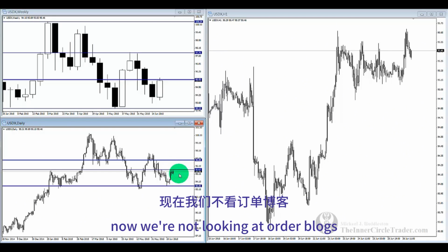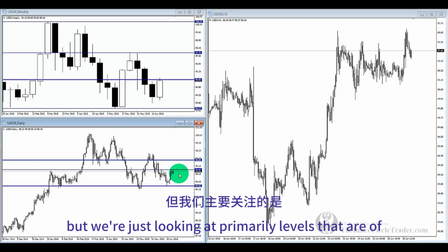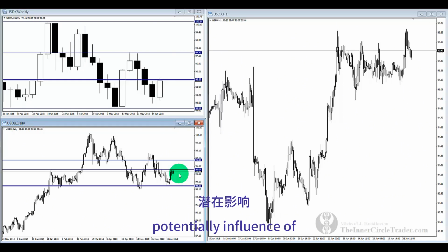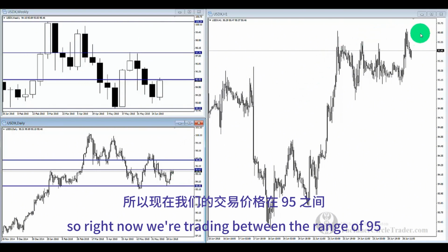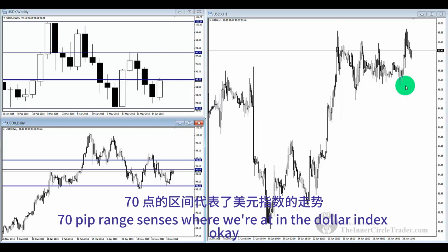We're not looking at order blocks, we're not doing anything of that capacity yet, but we're looking primarily at levels that are of potential influence on current price action. So right now we're trading in between the range of 95.65 and the 95 big figure, so we've got basically a 65-70 pip range in the dollar index.